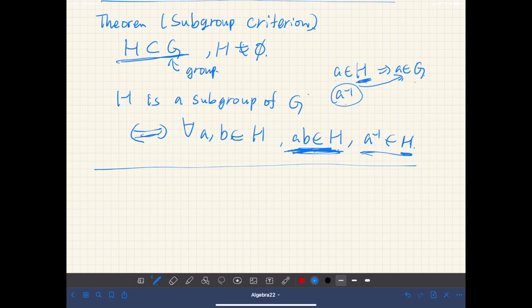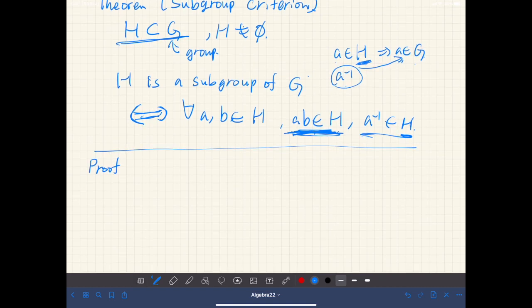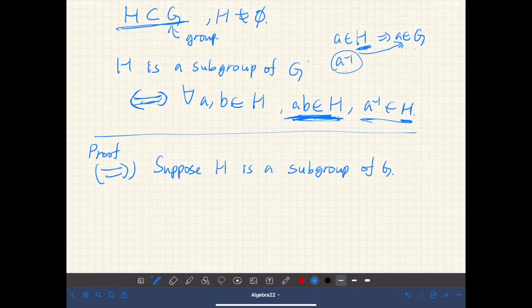Since this is an if and only if statement, we need to prove both directions. So first, let's prove this direction, the only if part. Okay, so suppose H is a subgroup of G. Of course, the binary operator of H is the same as that in G. So since it's a subgroup, H is a group.